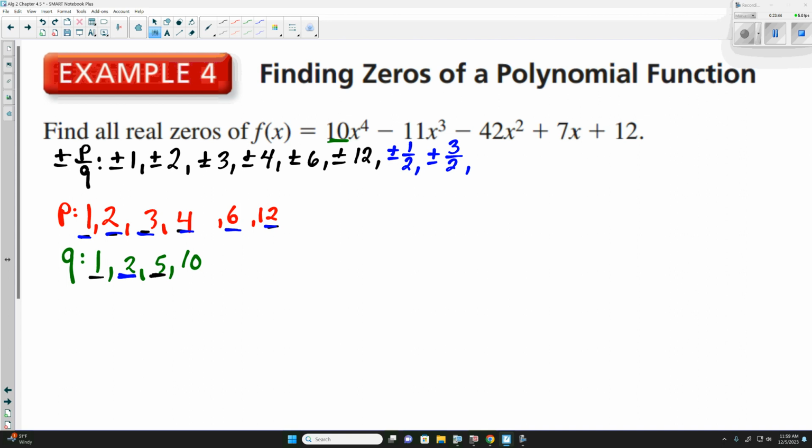Now we're going to move on to the next one, which is 5. So we're going to start off with 1 divided by 5, which is plus or minus 1/5.